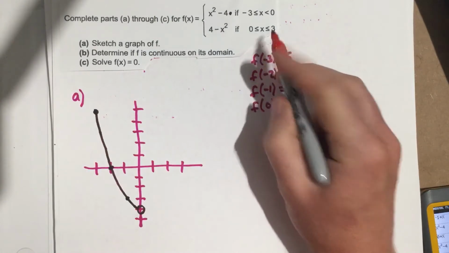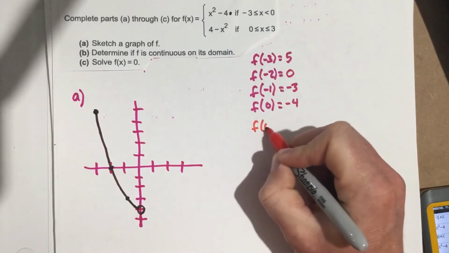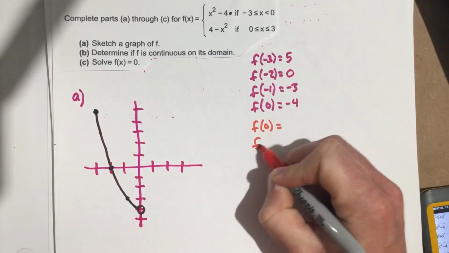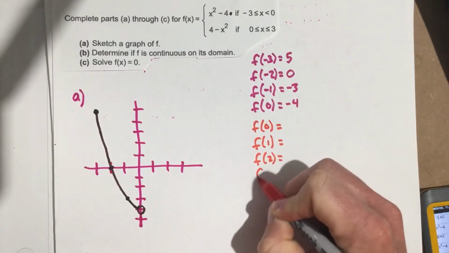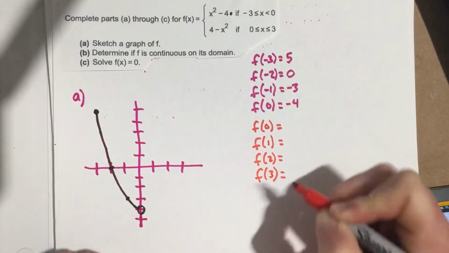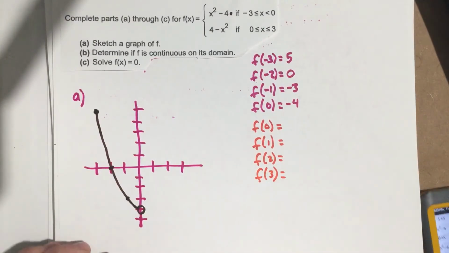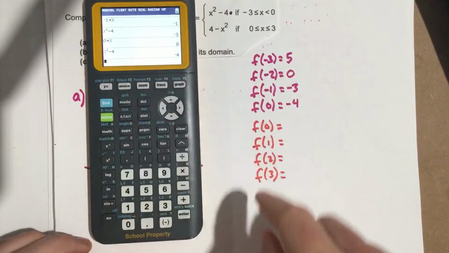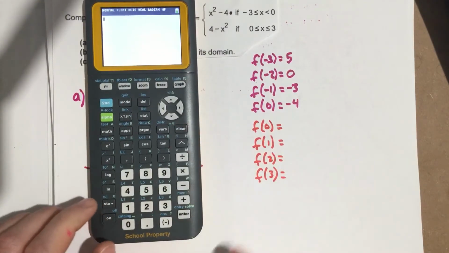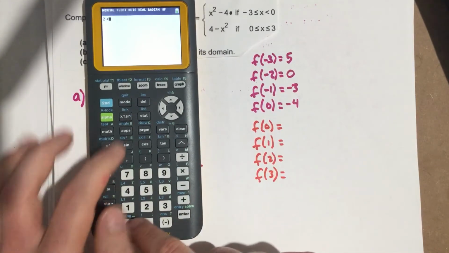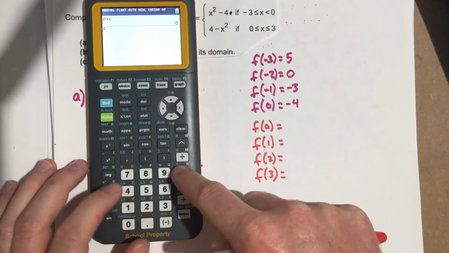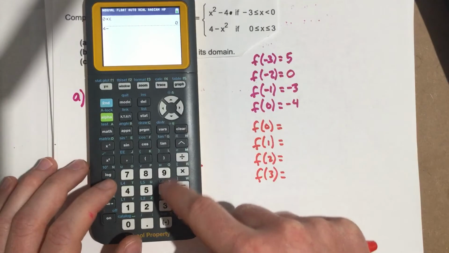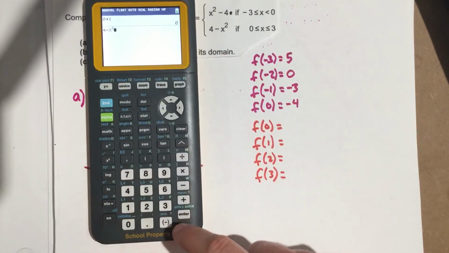I'm going to plug in 0 to 3. So I'm going to do f of 0, f of 1, f of 2, f of 3. Plug all those in. So I'm going to start by storing 0 as x, and then type in 4 minus x squared. That gives you 4.